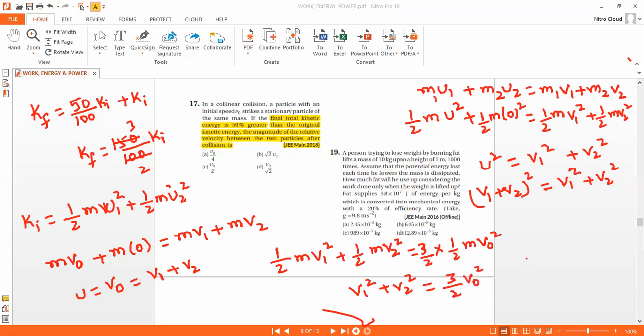So here we are finding the relative velocity. v1 square plus v2 square equal to 3 by 2 v naught square, and v1 plus v2 whole square equal to v naught square.